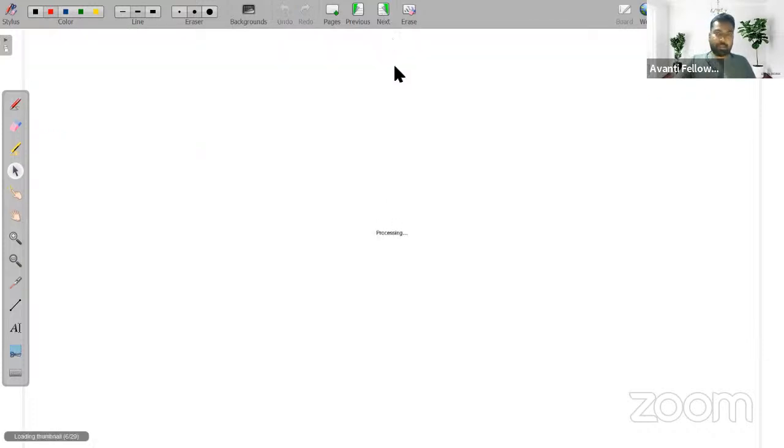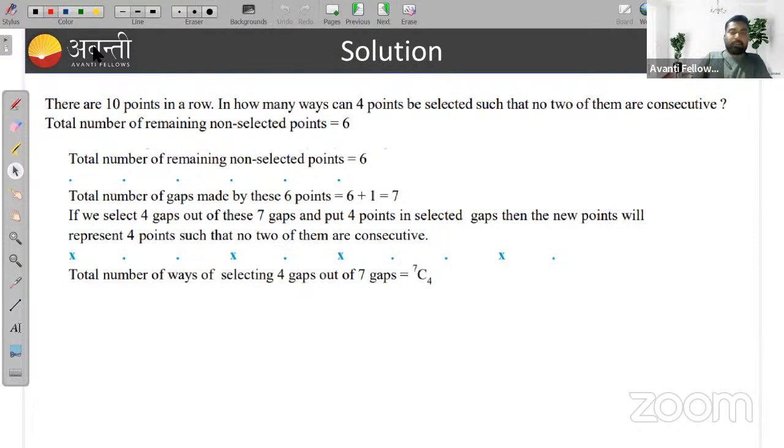Let's see the solution for this question. We have 10 points in a row. In how many ways can 4 points be selected so that no two of them are consecutive? The total number of remaining non-selected points is 6. I take those non-selected points first and place them in a row.